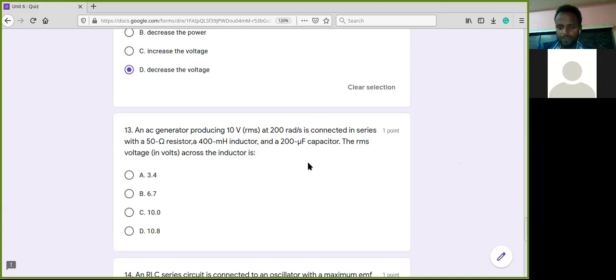XL is 2 pi f L. 2 pi f is 628 times 2, which gives 1256, times 400 times 10 to the power of minus 3, yes?